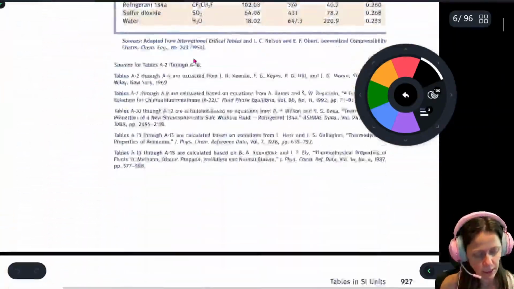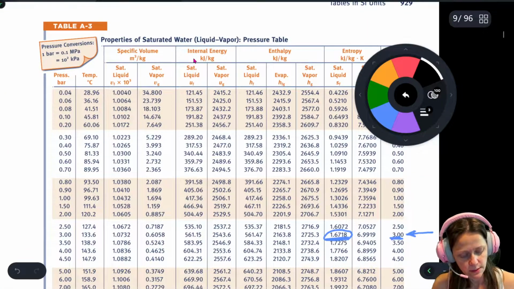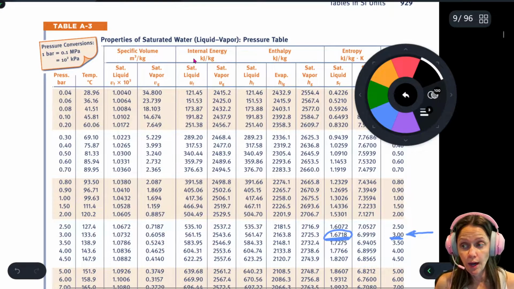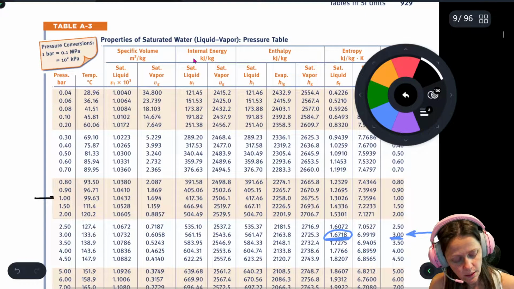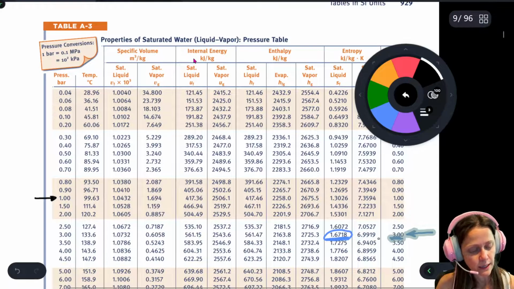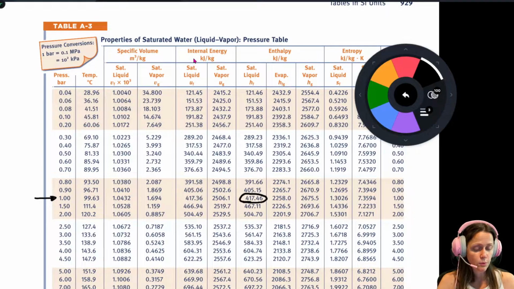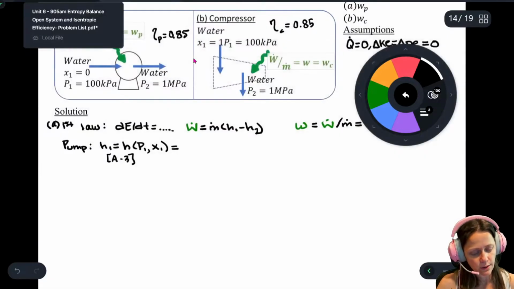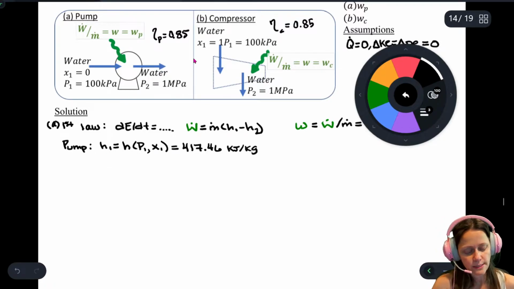So if I look in table A3, we are at 100 kilopascals, which is 1 bar. My quality is 0, so there's my h sub f value, 417.46. Let's go ahead and write that on our sheet here: 417.46 kilojoules per kilogram.